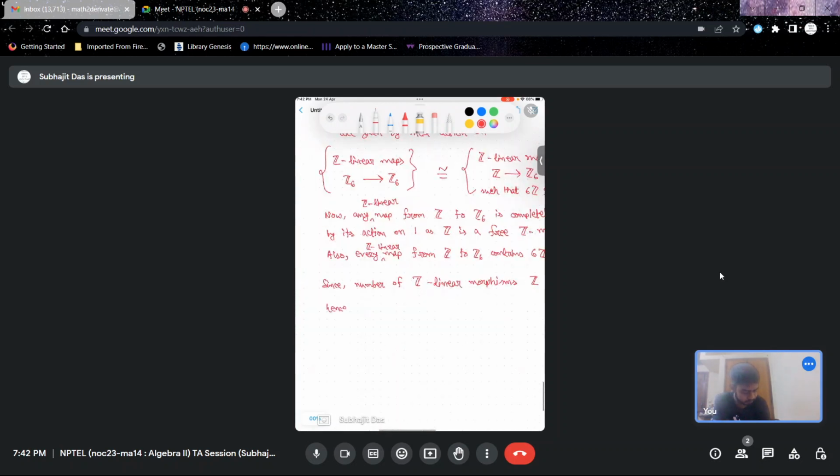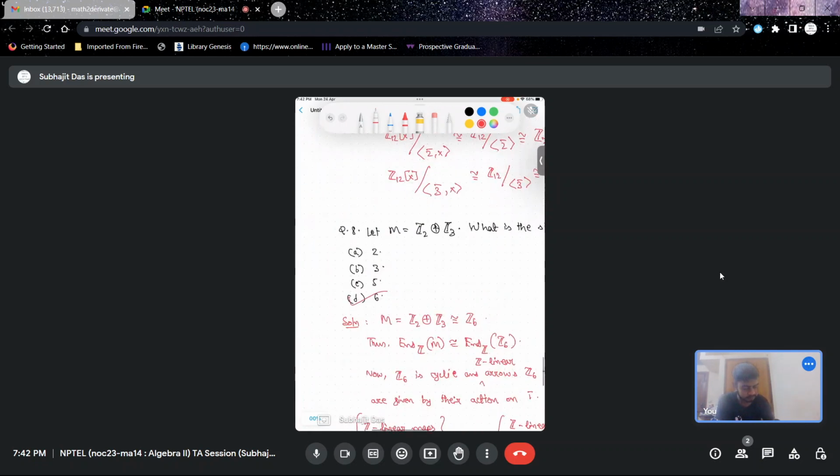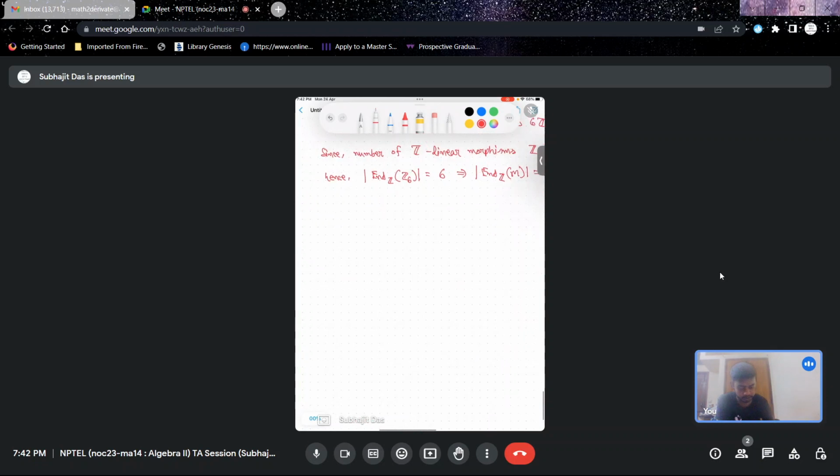Hence the cardinality of Z linear endomorphisms of Z6 is equal to 6, which implies the cardinality of End_Z(M) is equal to 6. So 6 is your correct answer. Okay, let us move on to the next problem.